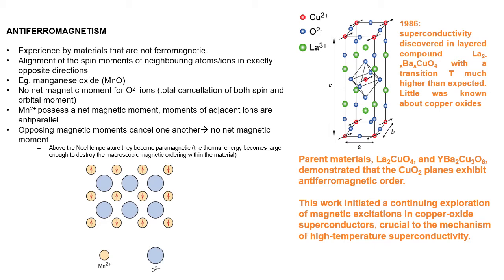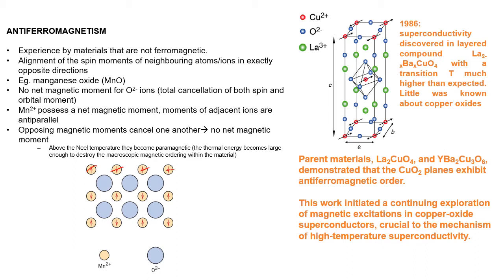For this kind of material, the magnetic moment of manganese oxide, for example, manganese has dipole moments in both directions, upward and downward. They cancel out each other.